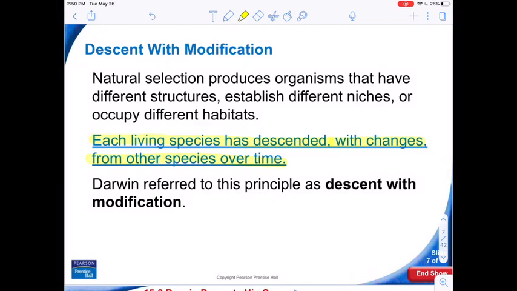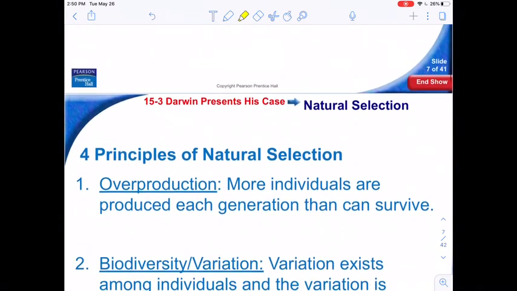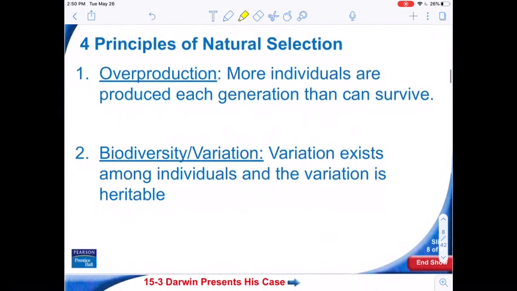And that's because these species follow 4 principles of natural selection. All living things that change follow these 4 principles. The first is overproduction. So more individuals have to be produced or born each generation than can survive and live to adulthood. The second is biodiversity or variation, meaning that there is some type of variation among individuals, and that variation has to be inherited.